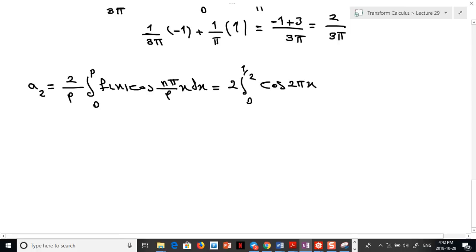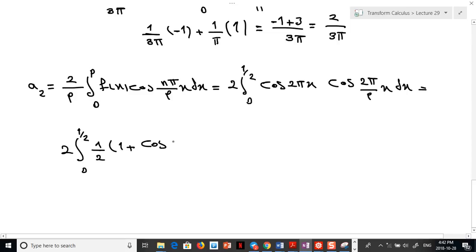Here we have n equal to 2, so it's going to be cosine 2 pi over p x dx. So we have 2 cosine squared 2 pi x. As a result, I can use the equation that we already have. Cosine squared is half of 1 plus cosine 2 times 2 pi x, so it's going to be 4 pi x dx.